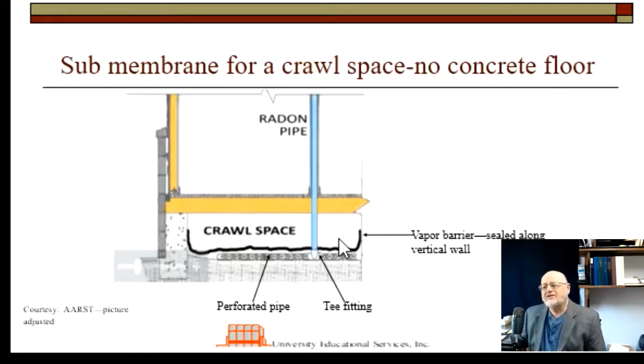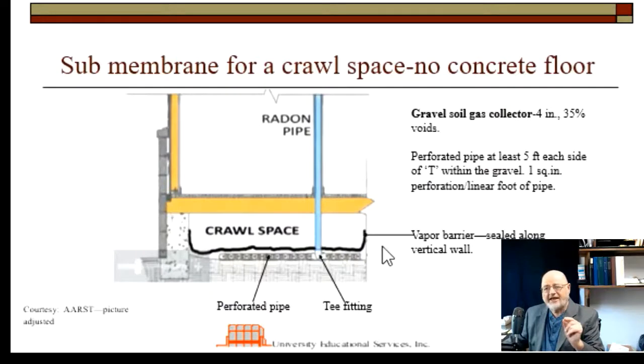And remember, the goal is we want to trap the gas within that plenum. So let's take a close look here. You'll notice the vapor barrier is sealed along the vertical wall. And let's go to the first case, and that is where you have a gravel for a soil gas collector. So I'm going to look at two possibilities here.